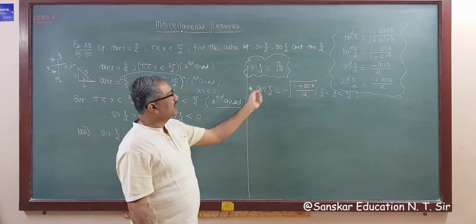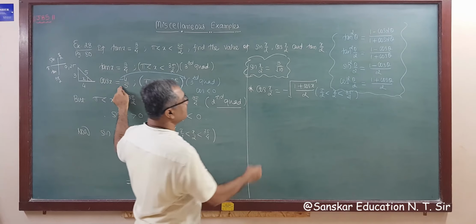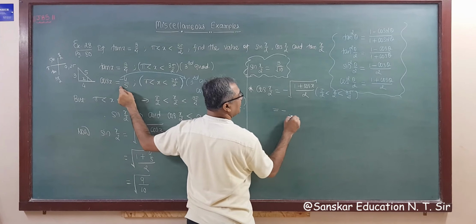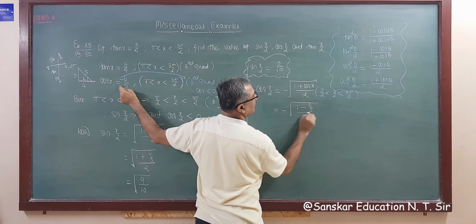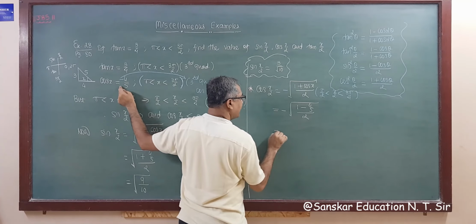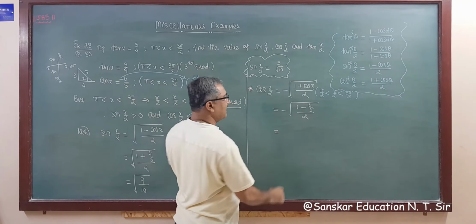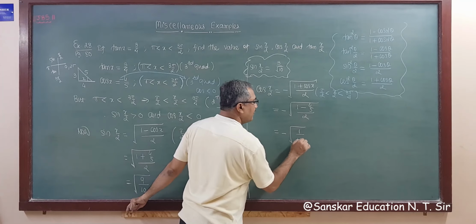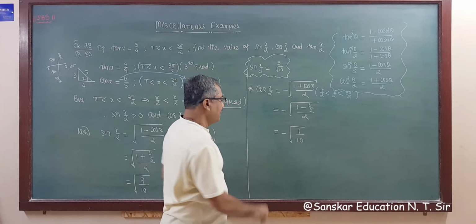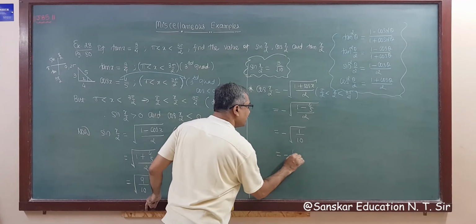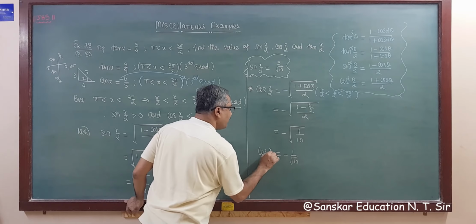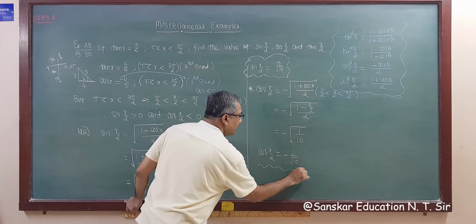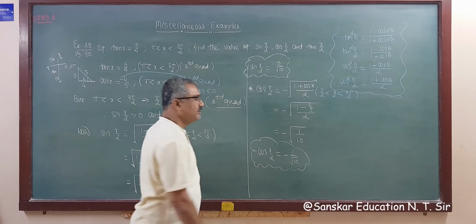Got it? So now substituting the value of cos is minus 4 by 5, so this is minus square root of 1 minus 4 by 5 divided by 2. Taking LCM, 5 minus 4 is 1. So minus square root of 1 upon 5 into 2 is 10. That is, the answer is minus 1 upon root 10. So cos x by 2 is minus 1 upon root 10.